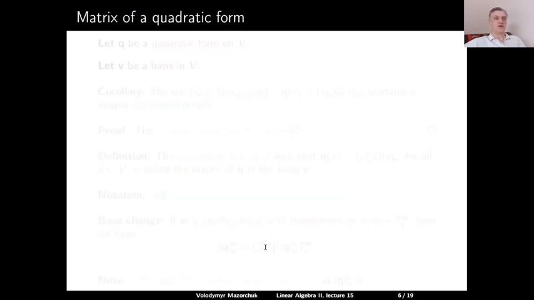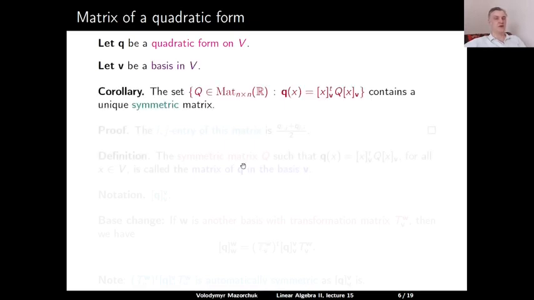Now we can talk about the matrix of a quadratic form. So let Q be a quadratic form on V, and let bold V be a basis in V. Claim: if we consider all n times n matrices with real coefficients for which we can express the value of Q at x such that this is given by x's coordinates in V transposed times the matrix Q times x's coordinates in V for any x in V, then this set contains a unique symmetric matrix.